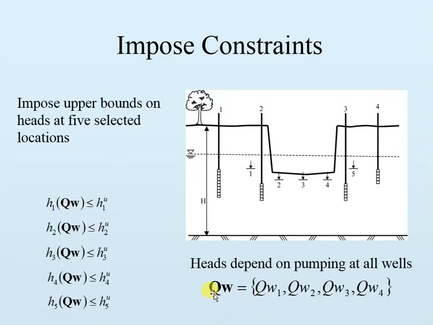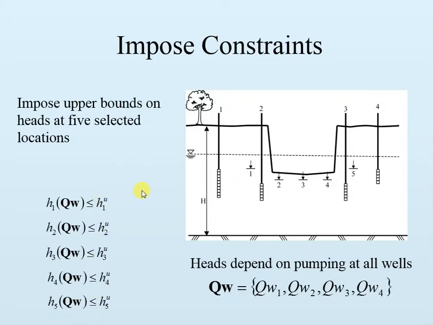And again, as a reminder, the Q_W is a vector representing the 4 pumping rates at the 4 wells. So the head at each of these locations as a function of those pumping rates has to be less than or equal to these upper bounds.